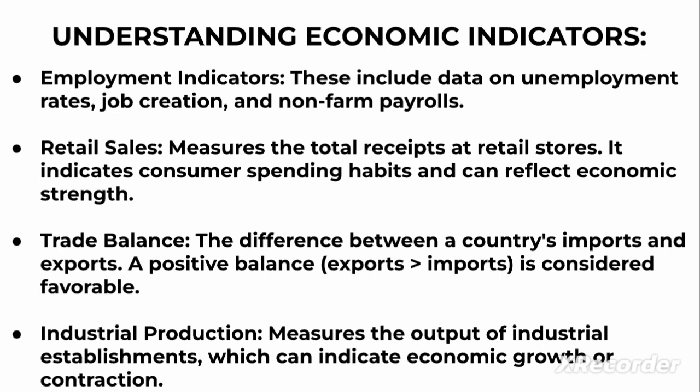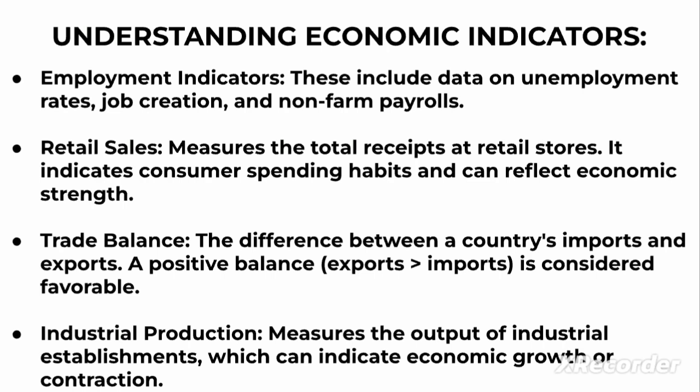Next we move to industrial production. This is quite self-explanatory, and it measures the output of industrial establishments, which can indicate economic growth. For example, we have the automobile industry, the civil engineering industry, industries that produce cars, industries that produce soft drinks, from nutrition to transport.